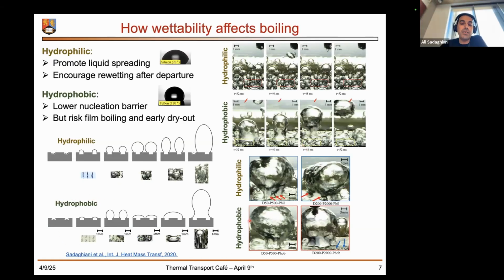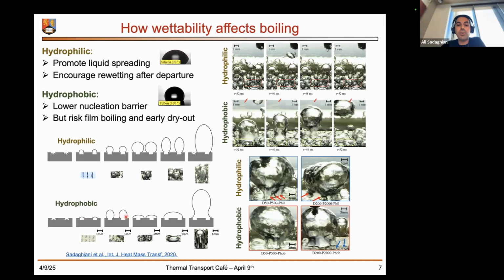So here is an example of boiling on the hydrophobic surface. These surfaces have hydrophilic and hydrophobic nature, but we provided some artificial cavities to act as nucleation sites for the boiling inception. On hydrophobic surfaces, obviously we start to observe boiling inception at lower temperatures, or lower wall superheats.